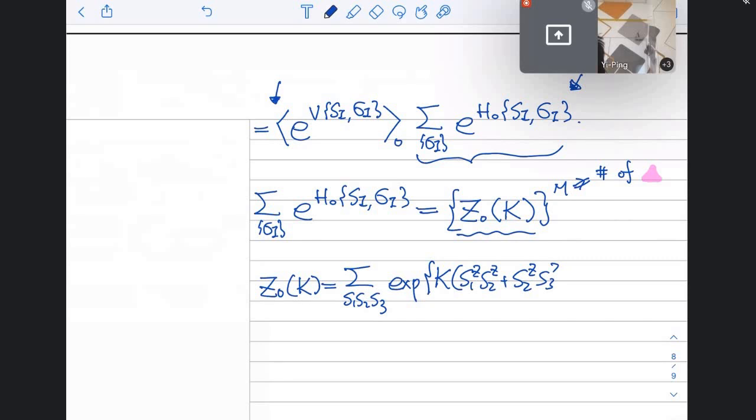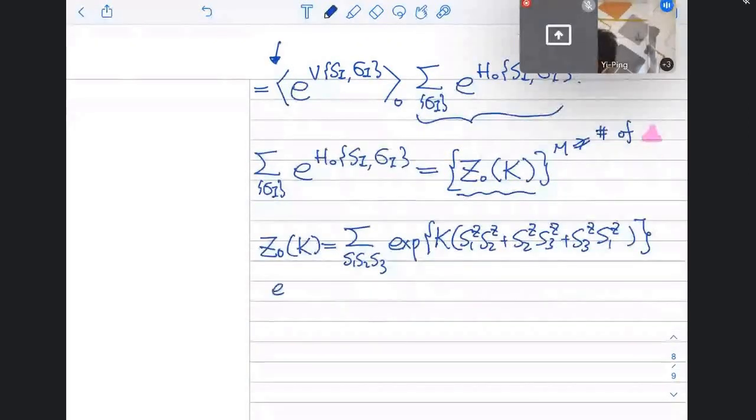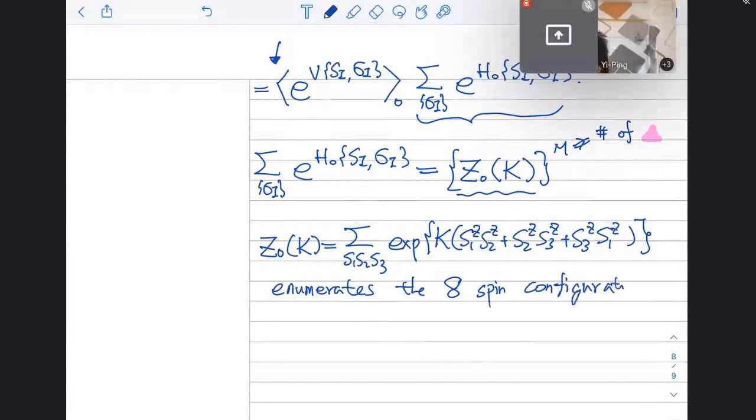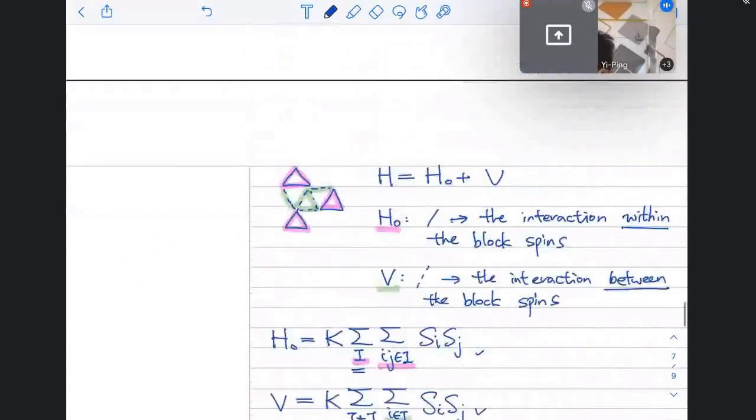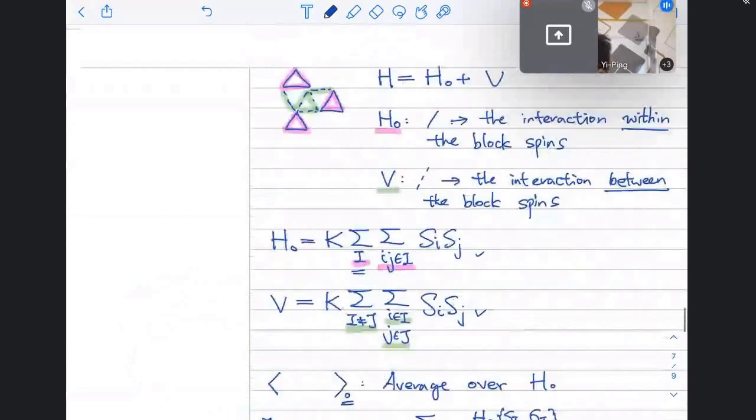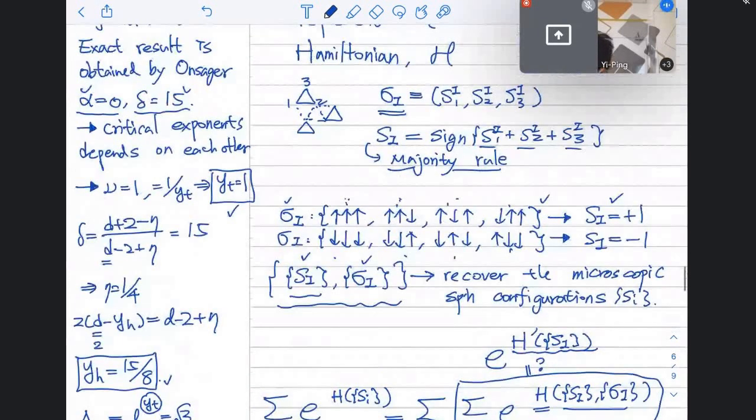And you can just enumerate all the possible spin configurations. A very useful way to enumerate them is here, because I have already done that.